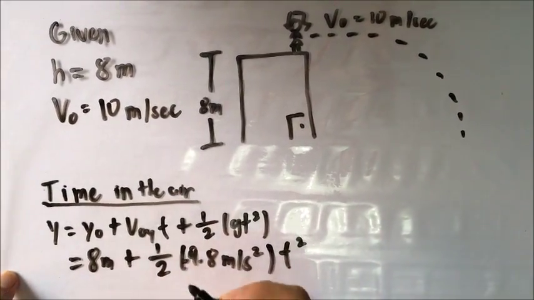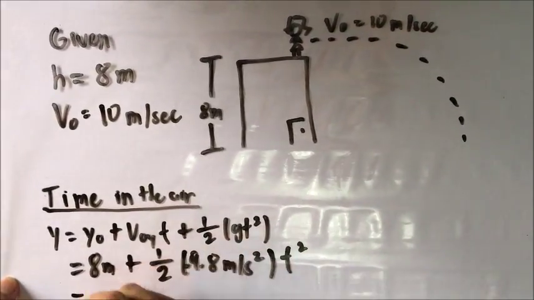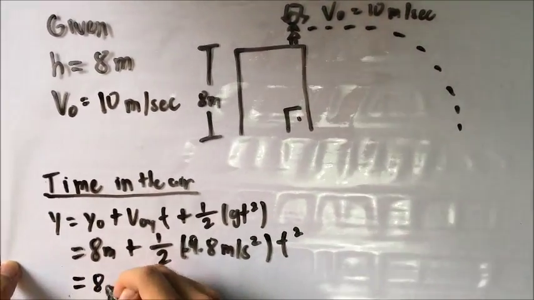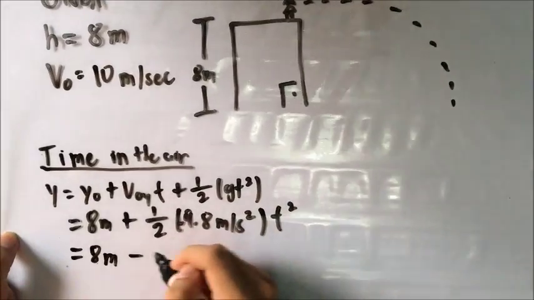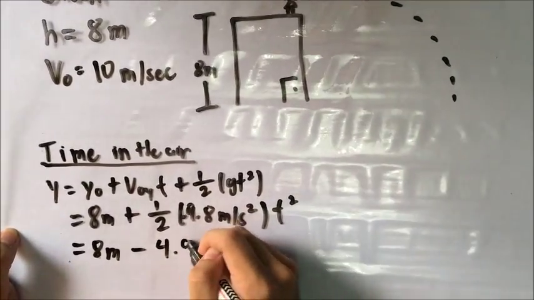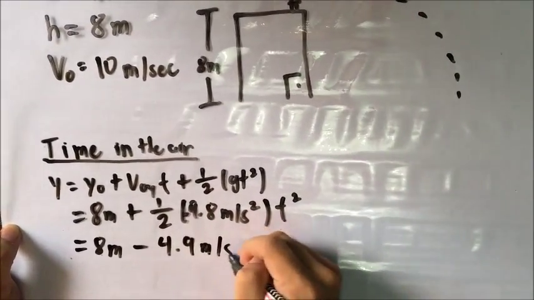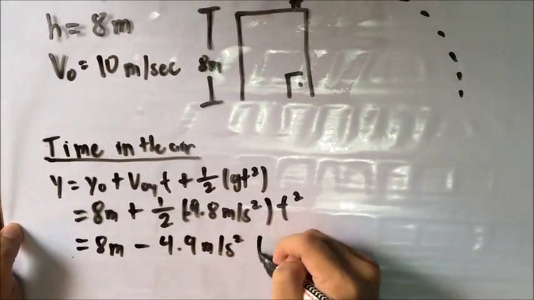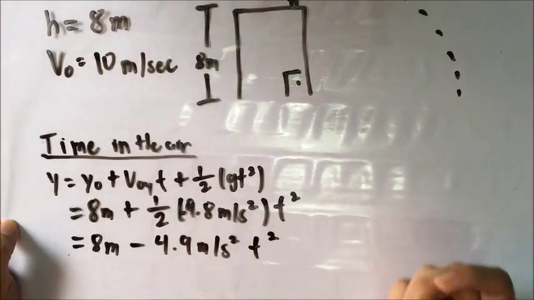Then compute: 8 meters minus 4.9 meters per second squared t squared.